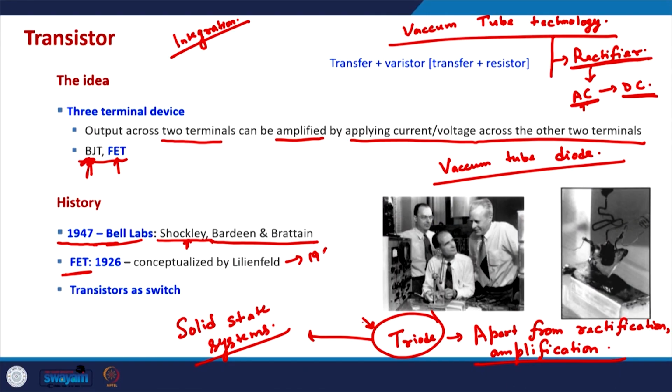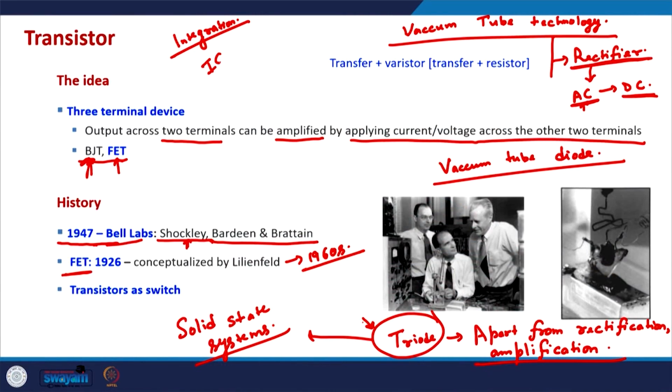This was then invented in the early 1960s. Although the idea of the field effect transistor was quite old, it was conceptualized in 1926 by Lilienfeld, but it was finally invented in the 1960s. After the 1960s came the invention of the IC, the integrated circuit, and this IC technology was refined up to the 1970s.